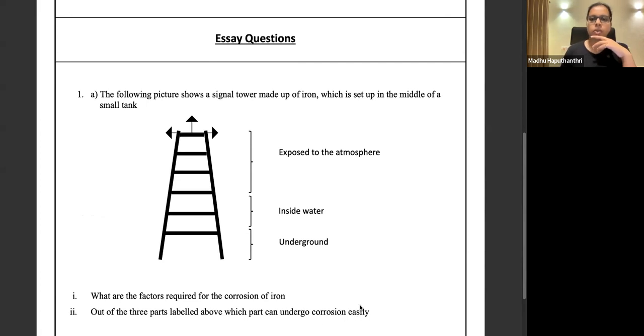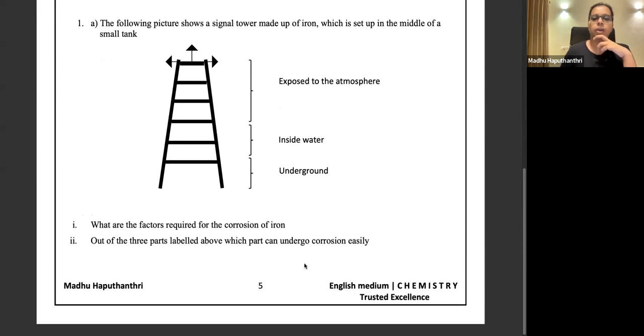So this is a picture showing a signal tower made up of iron, which is set up in the middle of a small tank. First, I'm asking, what are the factors required for the corrosion of iron? What are the factors? First one, come on. What are the factors you want in order to observe the corrosion? Yes, moisture.